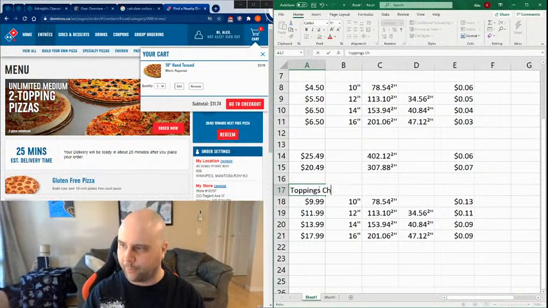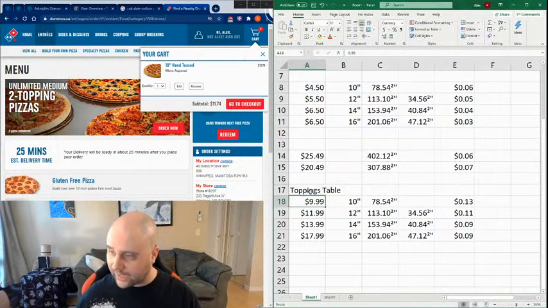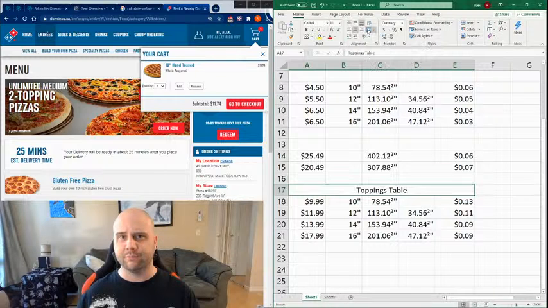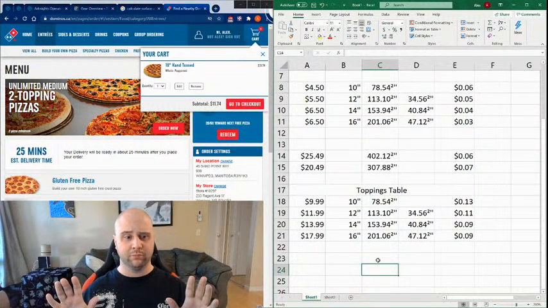And just so you guys know I'm serious, I'm going to merge and center. We now have our toppings table.